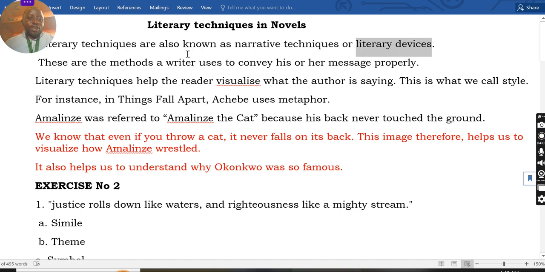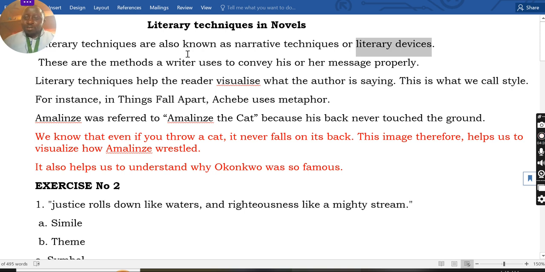Also, for the reader, the student, literary techniques help the reader to visualize what the author is saying. This is called style. Sometimes they say this is the author's style.